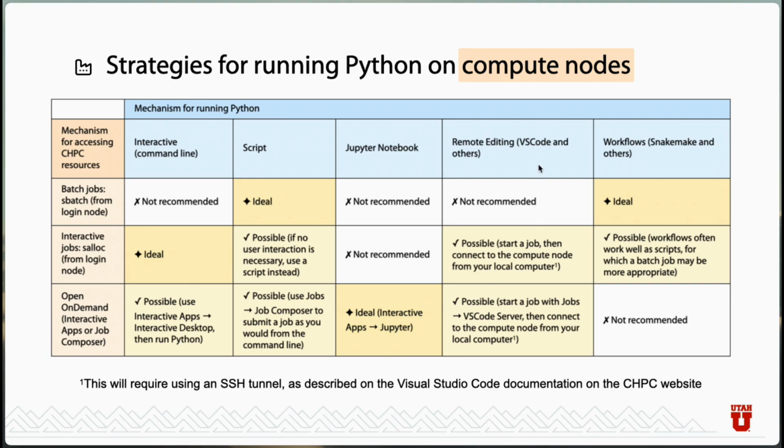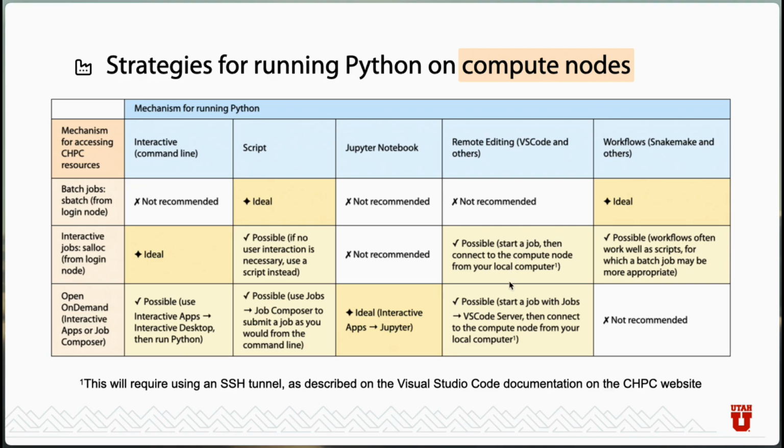Now, if you want to use VS Code for remote editing, I mentioned in the previous lecture that this can use significant resources, especially if you're running the scripts that you're editing or testing them. So we wouldn't recommend doing that on a login node, but it is possible on a compute node. You would need to start a job for this, a job on a compute node that you could use as the resources for your remote editing software.